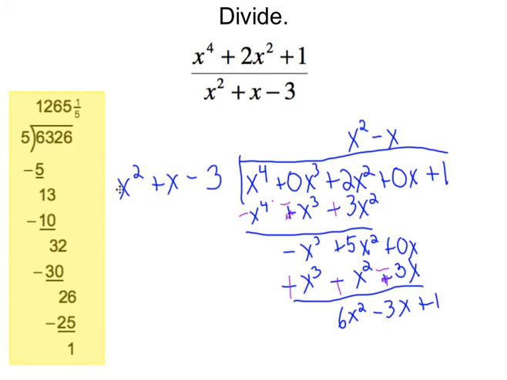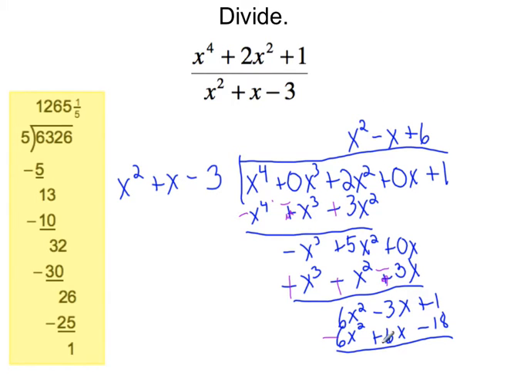How many times does x squared go into 6x squared? That's 6 times. And we'll multiply it through. That gives me 6x squared plus 6x minus 18. Again, change the signs and add.